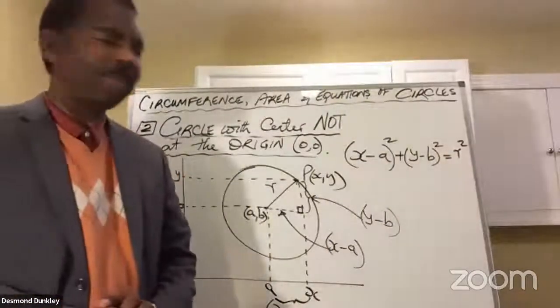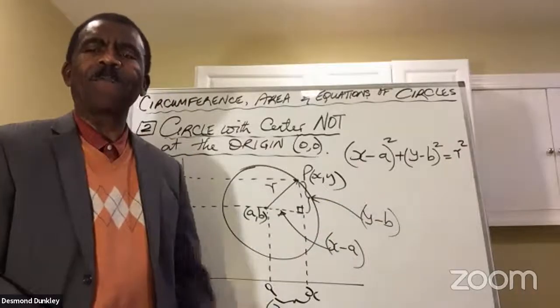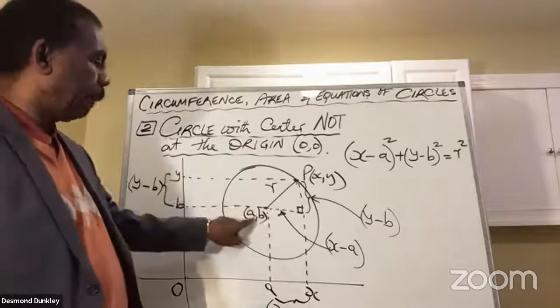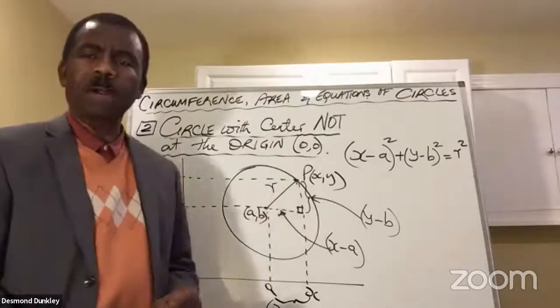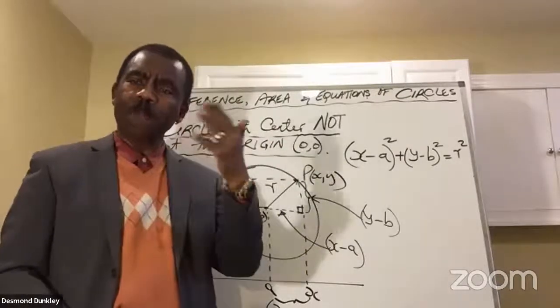So here we come now. This is the equation of a circle whose center is at the point AB, and whose radius is equal to R. Because this is abstract, it looks more involved and more complicated.